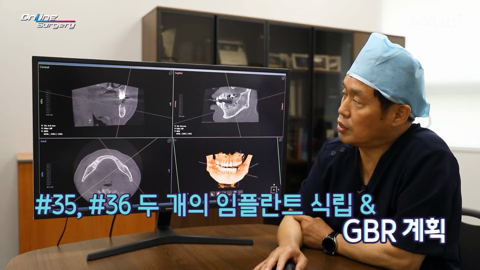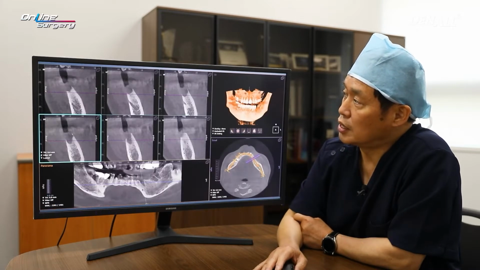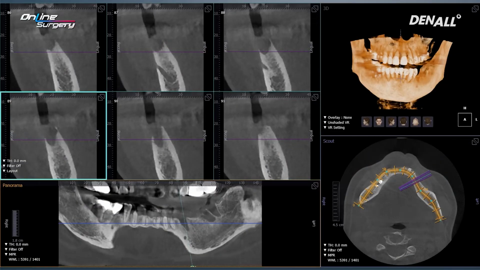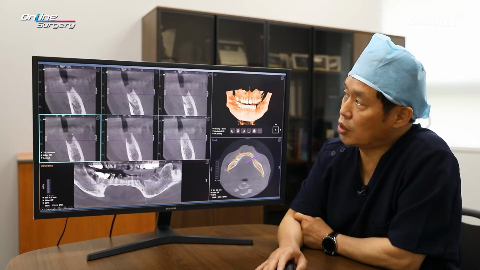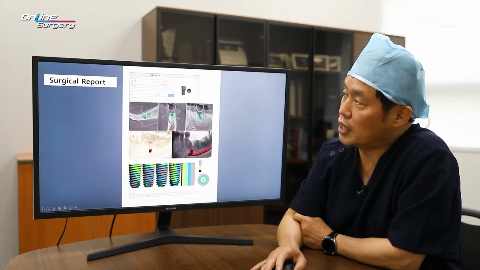Distance was going to be made between number 5 and 6, and in the area with resorbed alveolar bone, GBR was planned. As you can see in number 5, the buccal plate is resorbed significantly. It's like this. The mental foramen is here. I contacted the OneGuide team to design the OneGuide.